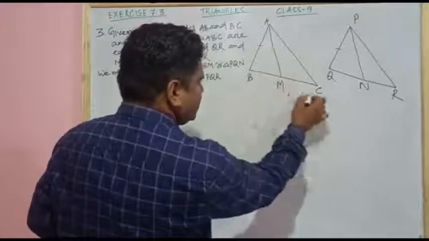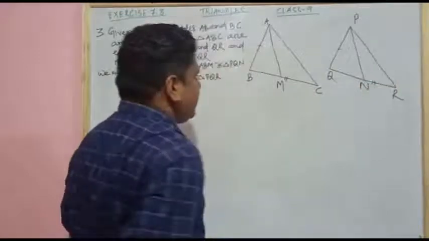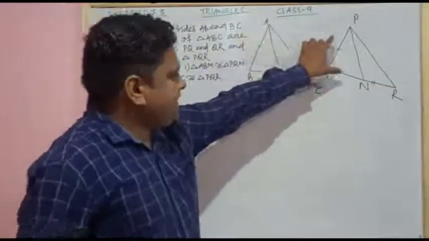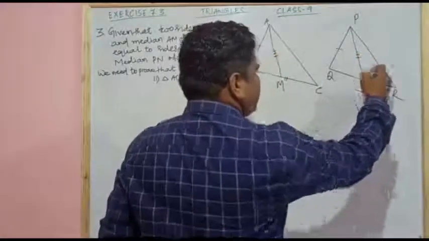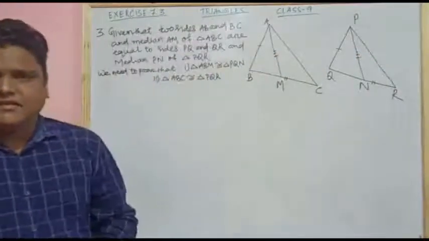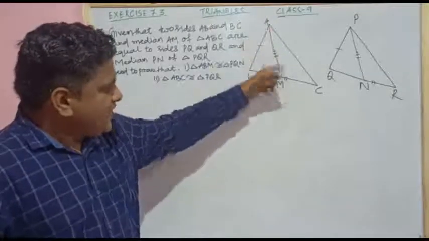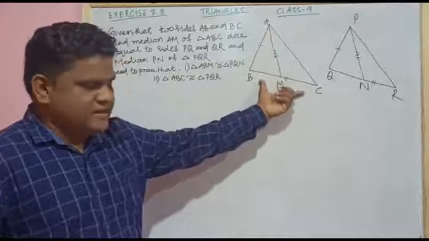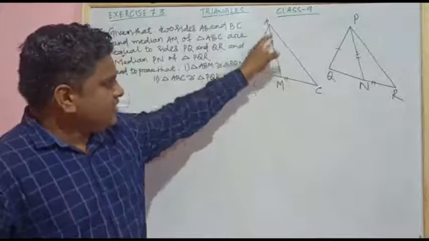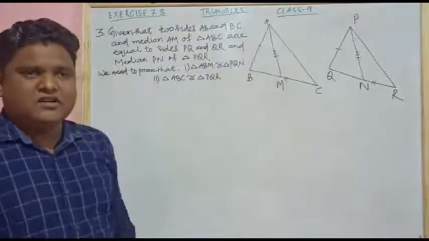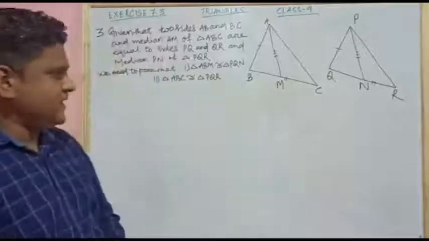BC, the whole BC, and this one QR are equal, and the median AM and median PN, these two are equal. Median means in triangle ABC, A is a vertex and the midpoint of the opposite side. Opposite side is BC, midpoint of BC is M. The line joining A to M is called median. So M is midpoint of BC according to the definition of median.